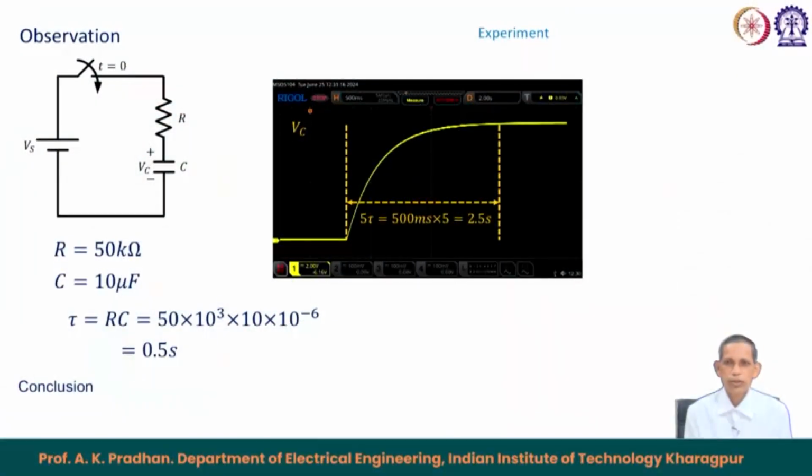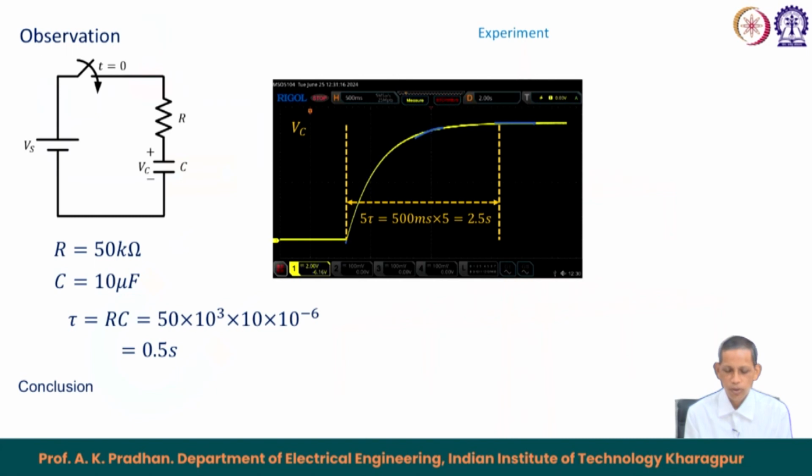From the observation in the lab, recorded on the oscilloscope, the plot is shown here. The plot shows the exponential growth of the voltage, and it remains at steady state after a long duration of time.